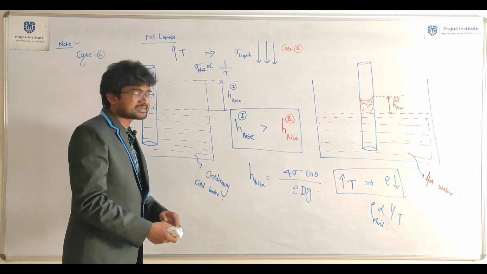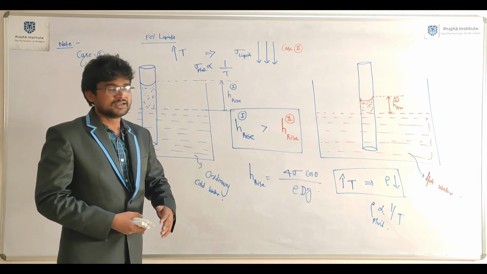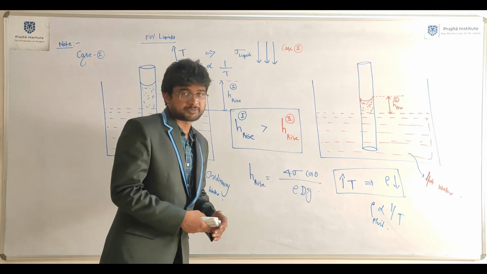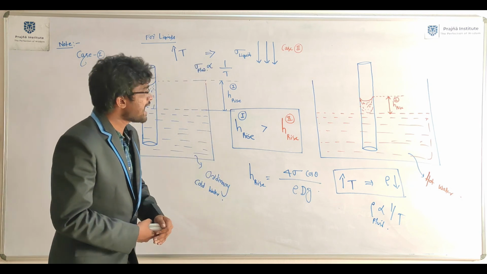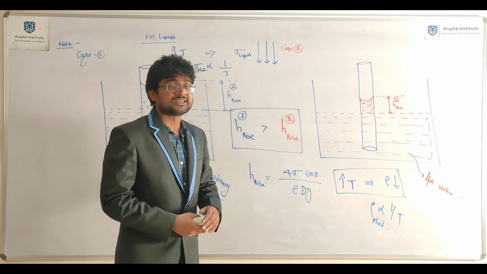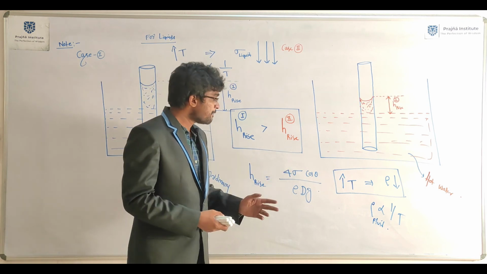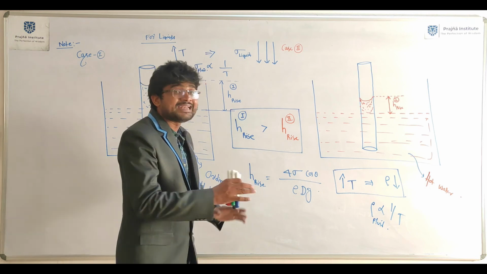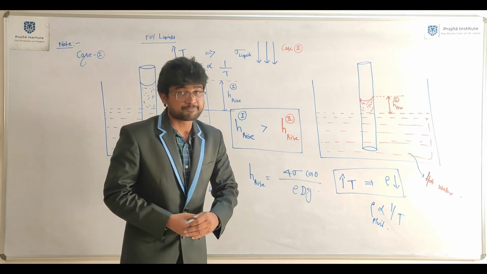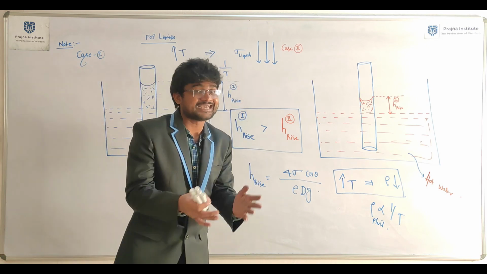Why? Because water is a wetting fluid. Theta is an acute angle. So you can happily derive this expression in front of the interviewer, and you need to relate temperature with surface tension. Here these two parameters depend on the temperature, but which one is decreasing more? It is very important. By increasing temperature, surface tension decreases.